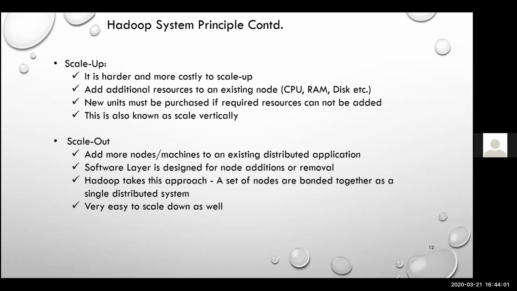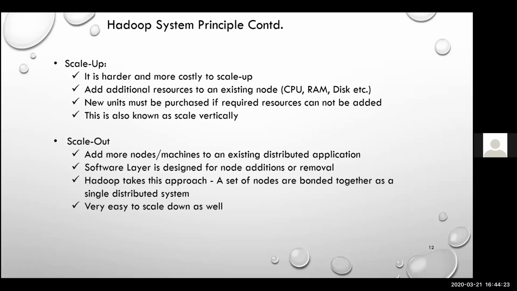When we deal with a large amount of data, it can't be solved within a certain amount of CPU and memory that a single server can hold nowadays. So scale up can't be a solution for us.